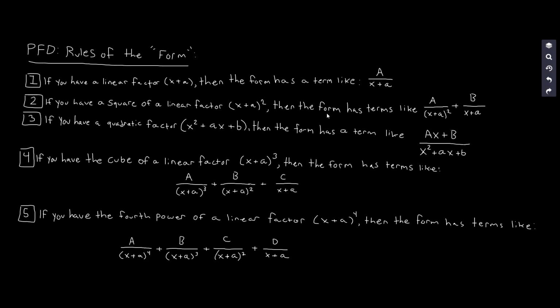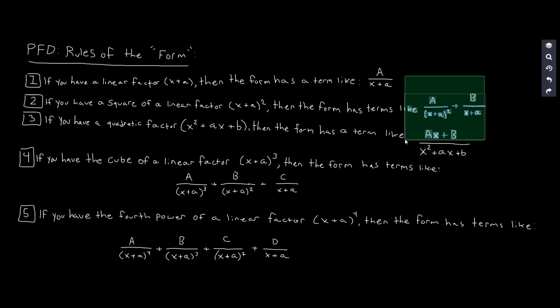Now, as for the factor of x plus 1 squared, for this one we're going to use rule 2. The term x plus 1 quantity squared is a square of a linear factor, and so we're going to honor this form right here.